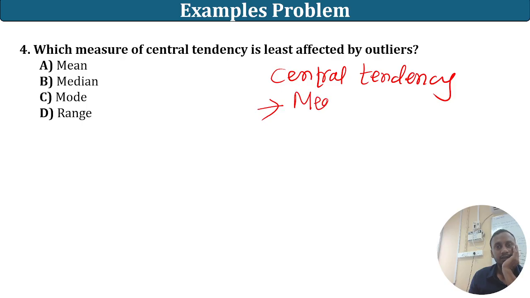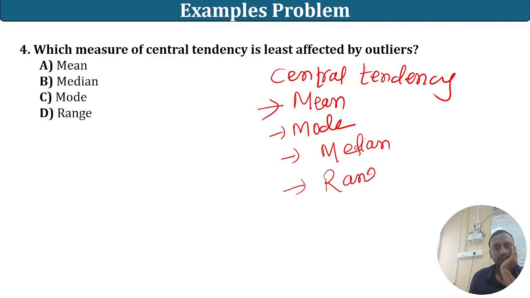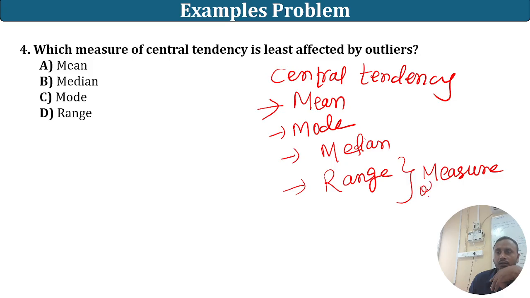First one is the mean, then mode, then median, then range. Range can't be the answer, because it is not a central tendency. It's actually a measure of dispersion. So this option got ruled out.